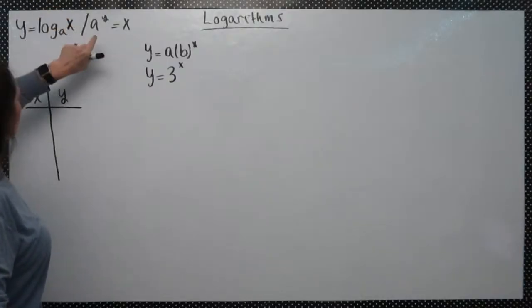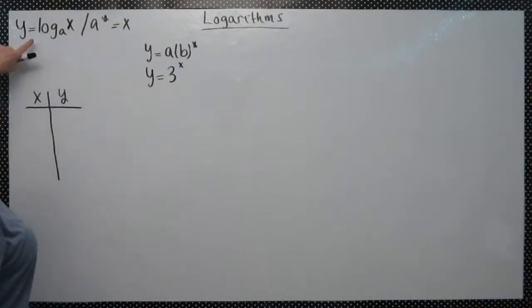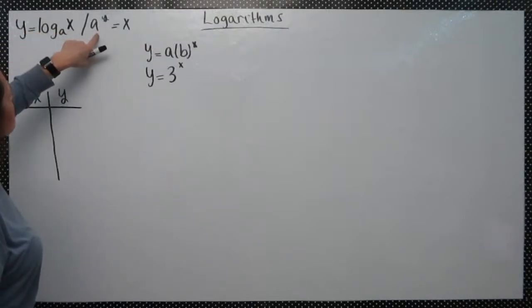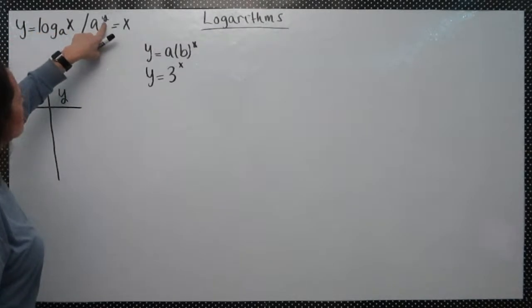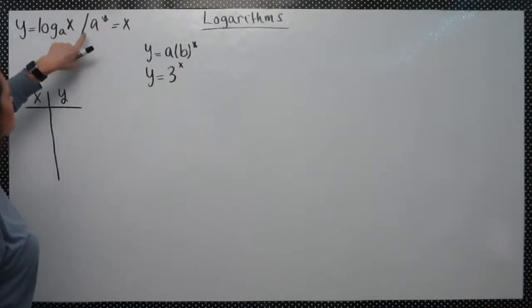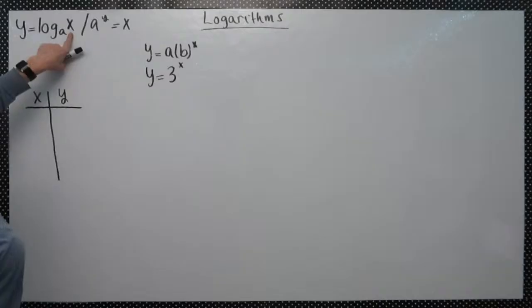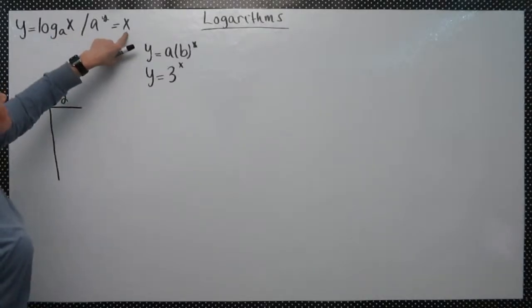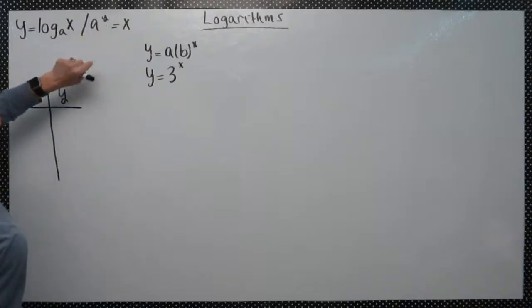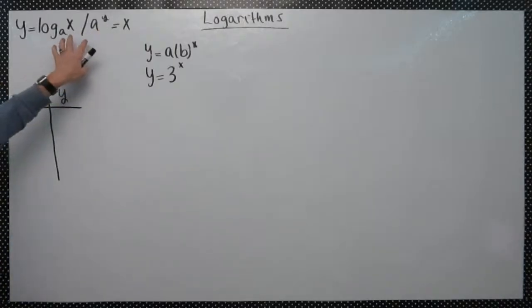So the answer to the logarithm is the exponent that I have to raise a to in order to obtain x. So x, the argument, is basically the answer to this exponent, if that makes sense. So here's the unique relationships.